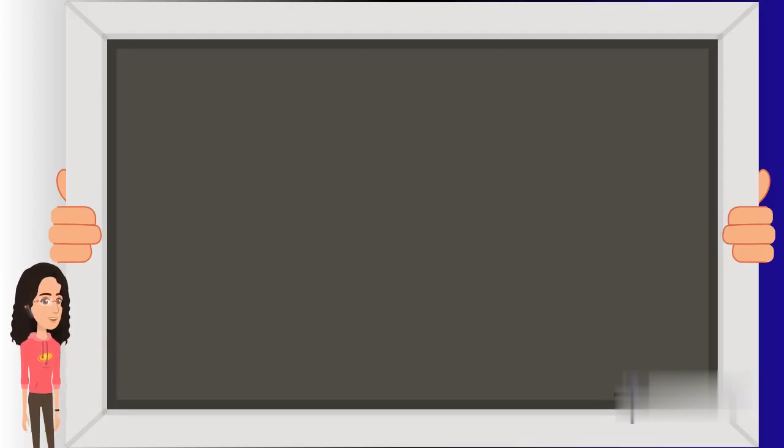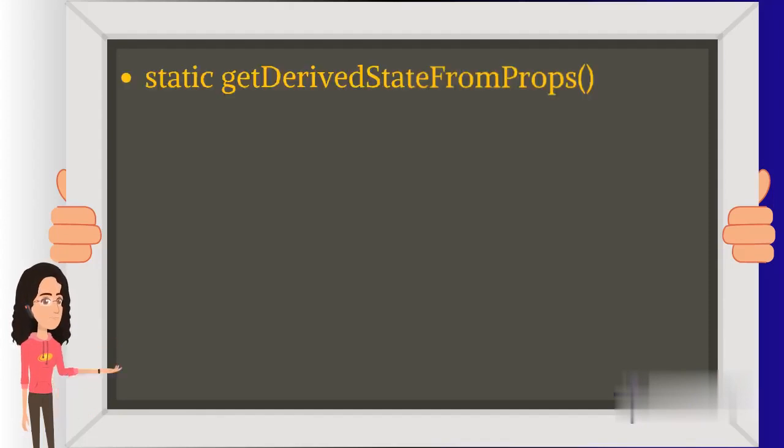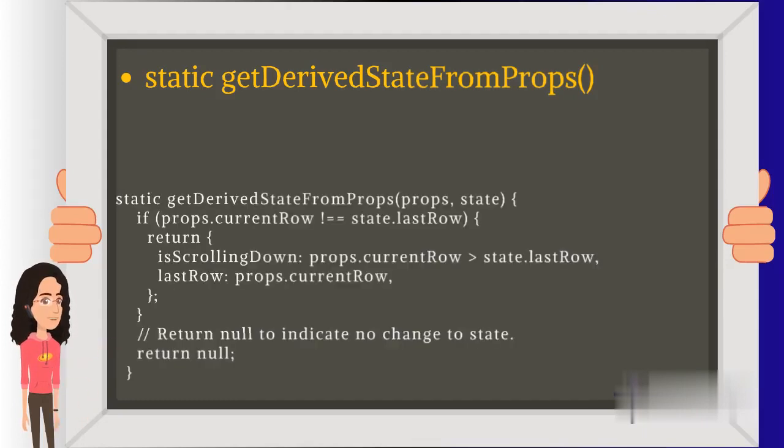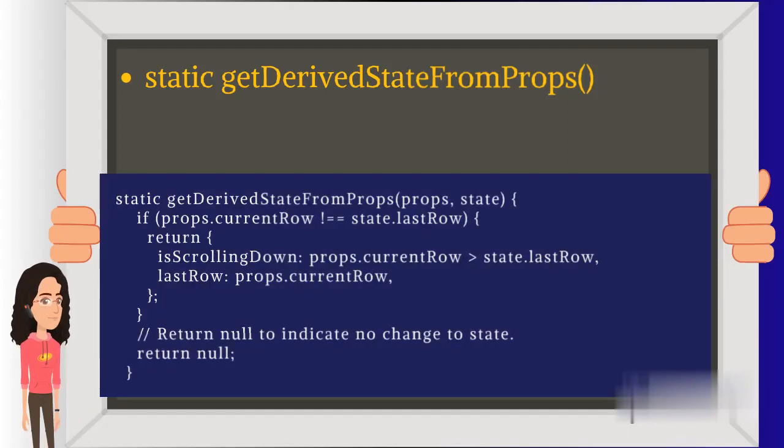Now comes the static getDerivedStateFromProps method. This is one of the newer lifecycle methods introduced very recently by the React team. This will be a safer alternative to the previous lifecycle method, like componentWillReceiveProps.